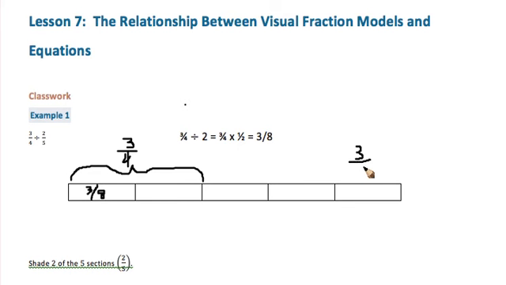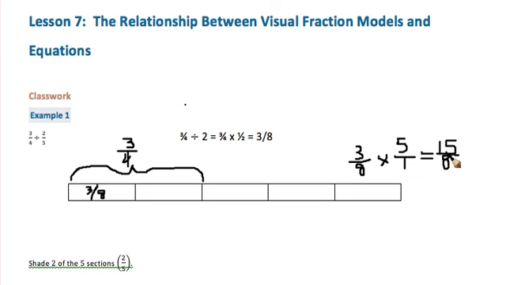Just to show that multiplication problem, if I take 3/8 and I multiply it times 5, my whole number 5 needs to be written as an improper fraction with 1 in the denominator. And then we would multiply the numerators straight across, 3 times 5, which is 15, and the denominators straight across, 8 times 1, which is 8.